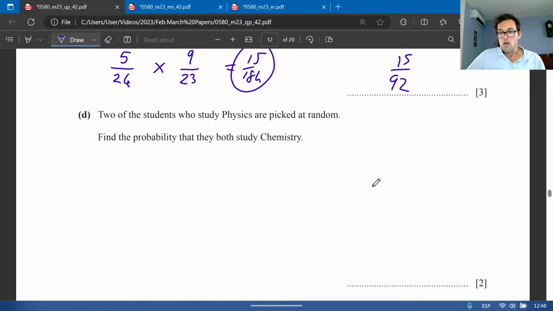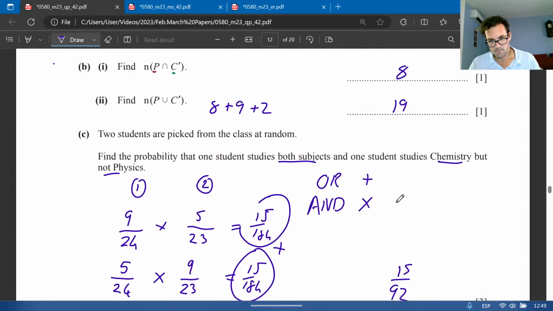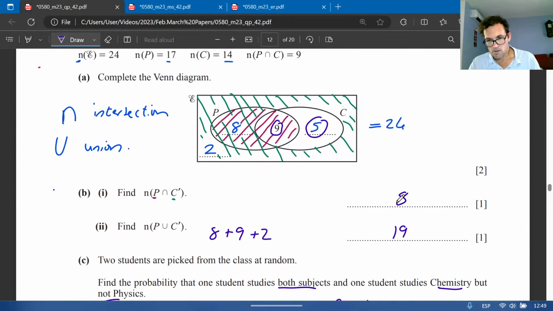You can do it. Now, 2 of the students who study physics are picked at random. Find the probability that they both study chemistry. So we're now only looking at the students who study physics. Okay. So now, let's clear all of this.